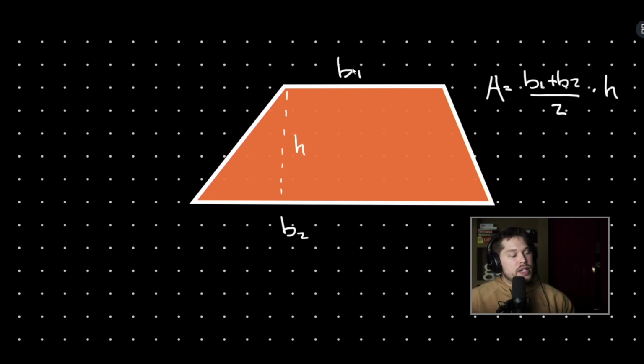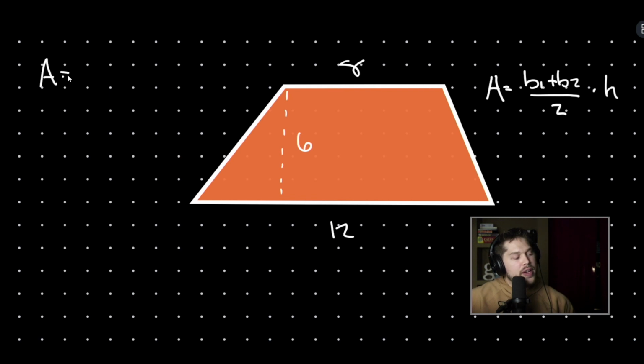So here, let's say that our base 1 was given to us as 8. Base 2 was given to us as 12, and our height was given to us as 6. What would the area of our trapezoid be?